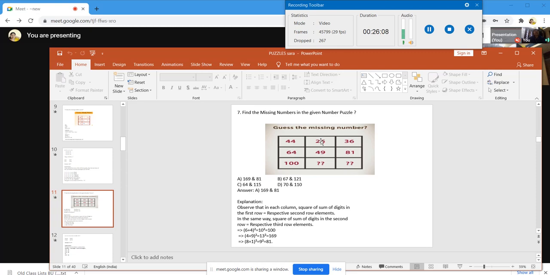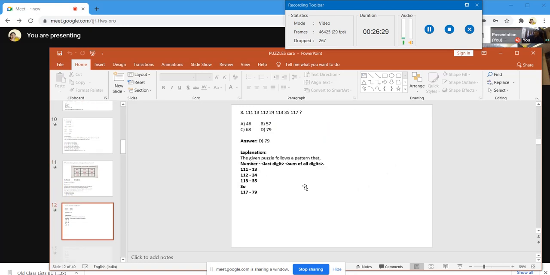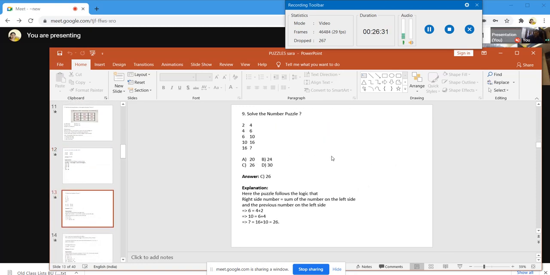So in every row, you add the numbers and multiply the sum with itself. So the answer is 4 plus 9, which is 13. So 13 into 13, the answer is 169. Many puzzle questions are there, and you could find out the answer very easily when you think over it.